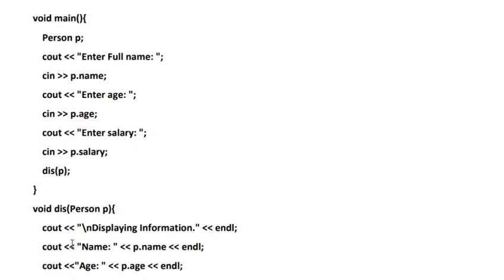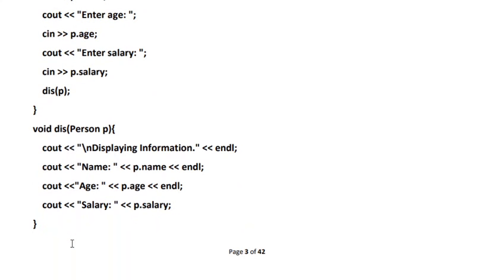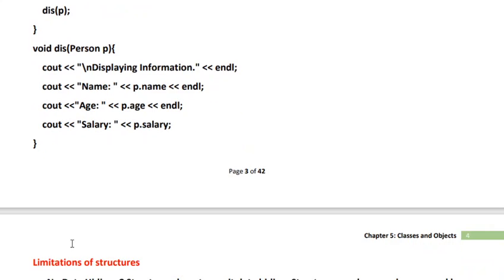Using p.name, I can access the name of variable p, where p is an object or a variable of type structure. Likewise we have p.age and p.salary. The function display is defined as a function that takes in a variable of type person and displays its members. This is a very simple C++ program that exhibits the behavior of a structure.